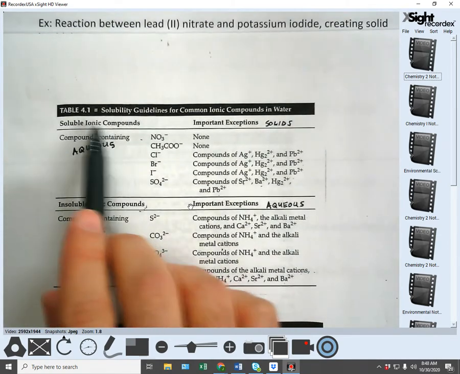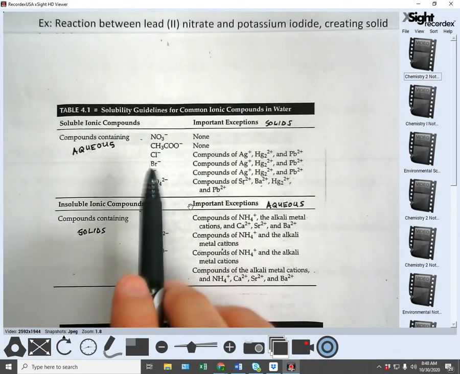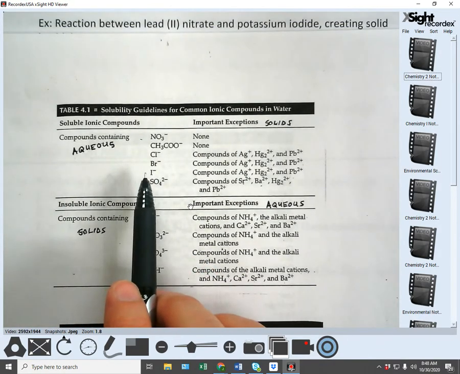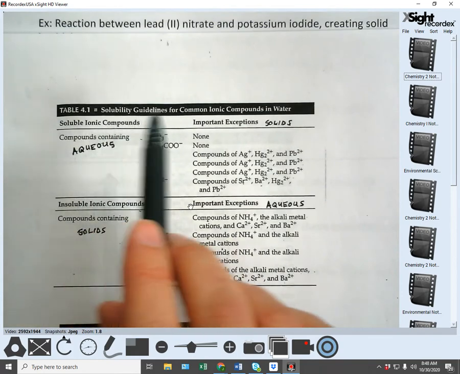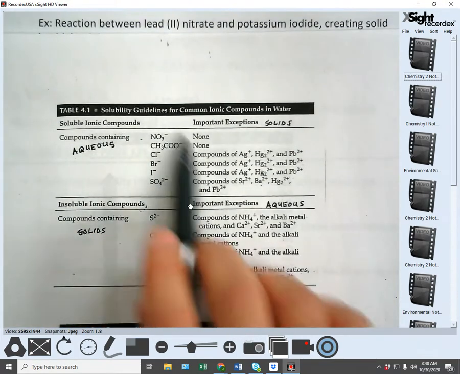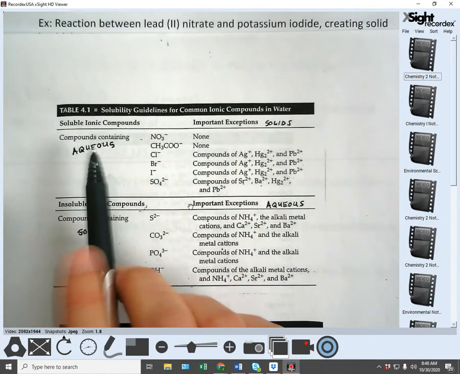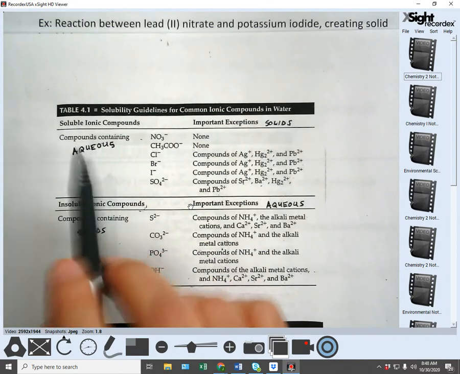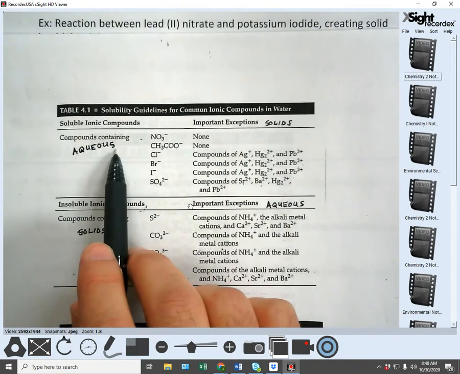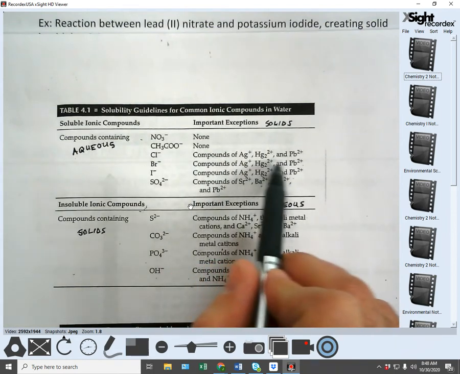So for this top part here, you look at the anion, the negative part. If the anion is one of these on this list, then the compound is aqueous unless it has one of these exceptions with it.